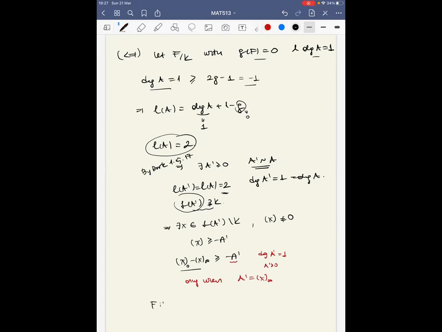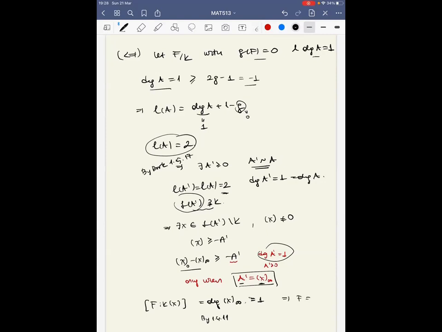Now, if you consider the extension of F over k(x), by theorem 1.5.11, we know that this extension degree is determined by the degree of the pole divisor, and by the assumption, thanks to the equality of A prime and the pole divisor of x, indeed we see that it is 1.